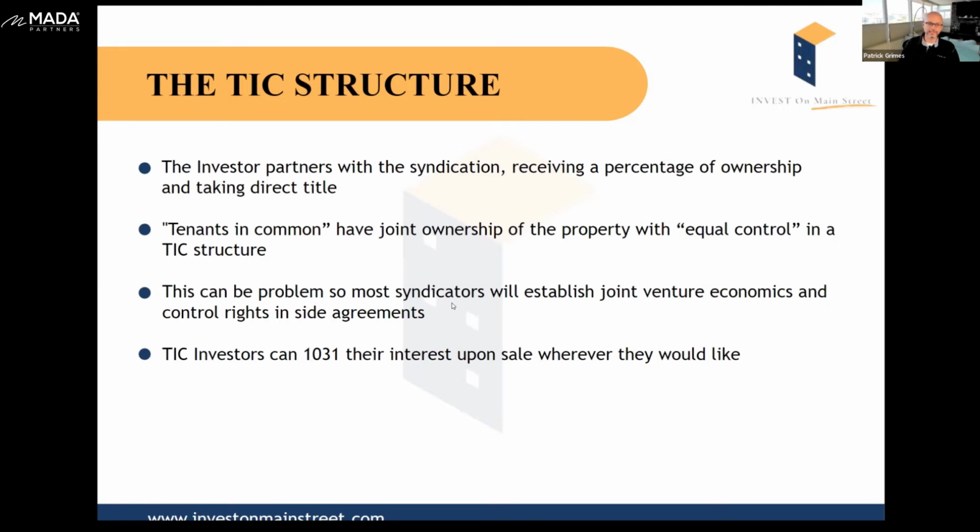So what they'll do is put some side agreements together to talk about the economics and voting rights. I've also seen individuals put separate entities in between you and the property that allow them limited rights to sign on closing documents. The last tenants in common deal I did, when we closed, we brought about, I don't know, 12 million in tenants in common 1031s.